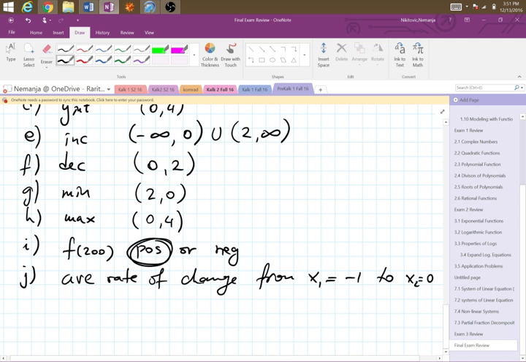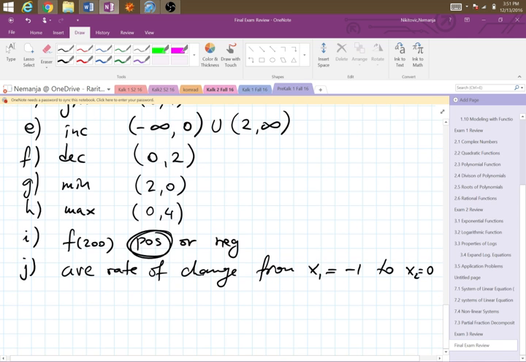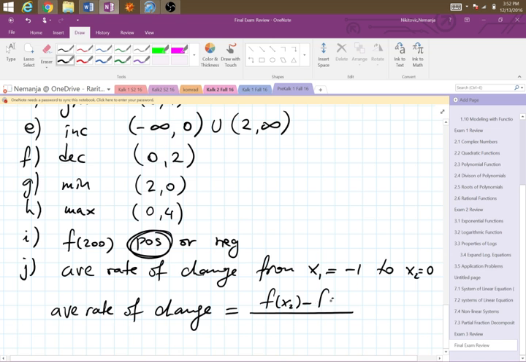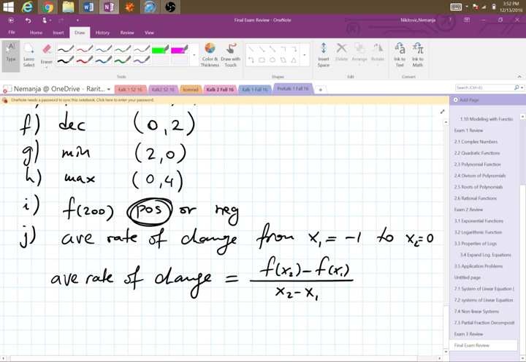So what do we have? The formula for average rate of change is what? Rise over run, the slope formula. Very good. So we have that f of -1 is 0.